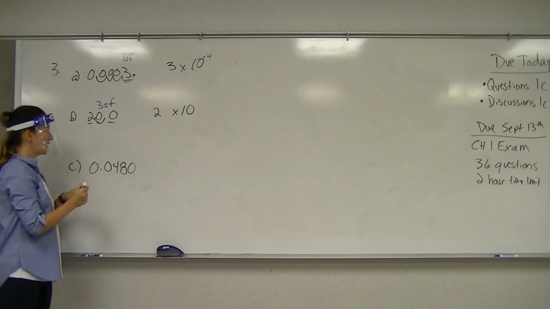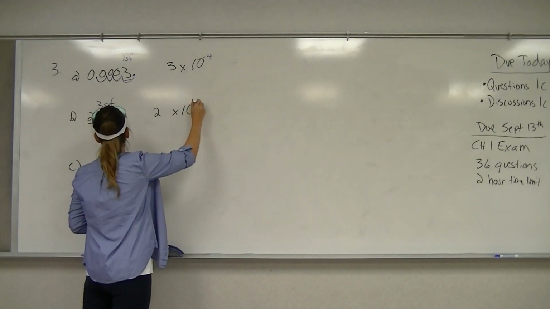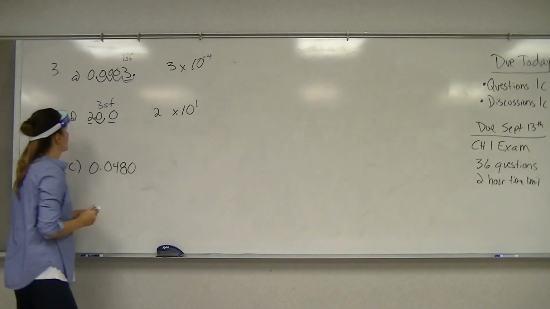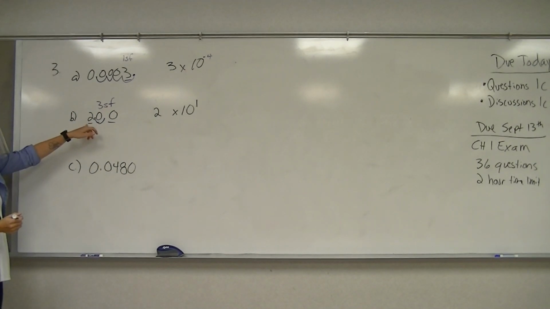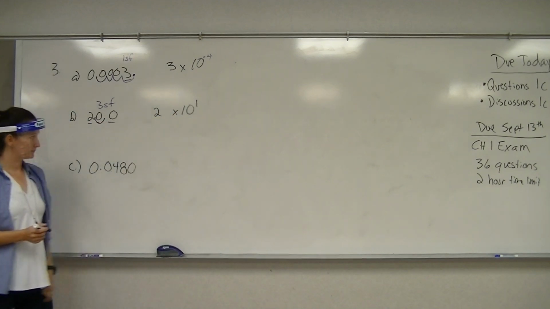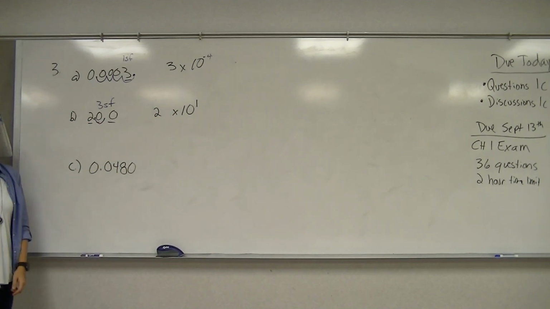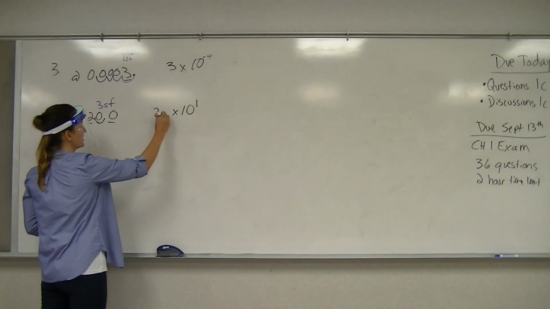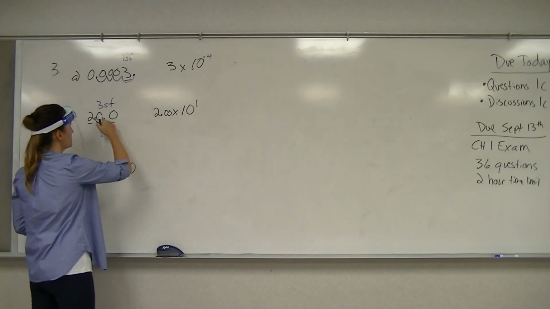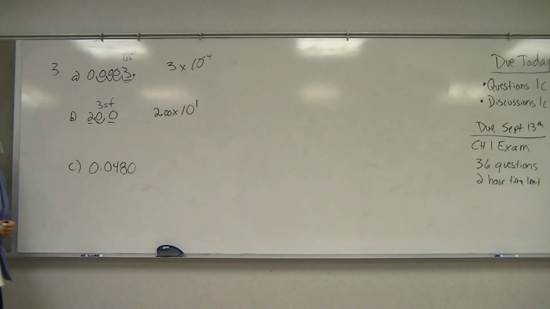And the original number was more than 1, it was 20. So this is going to remain positive. Is that correct? No. What did I forget? You need 3 sig figs over there too. I need 3 sig figs, so you have to remember these 2 zeros. We said they counted, we have to bring them over.